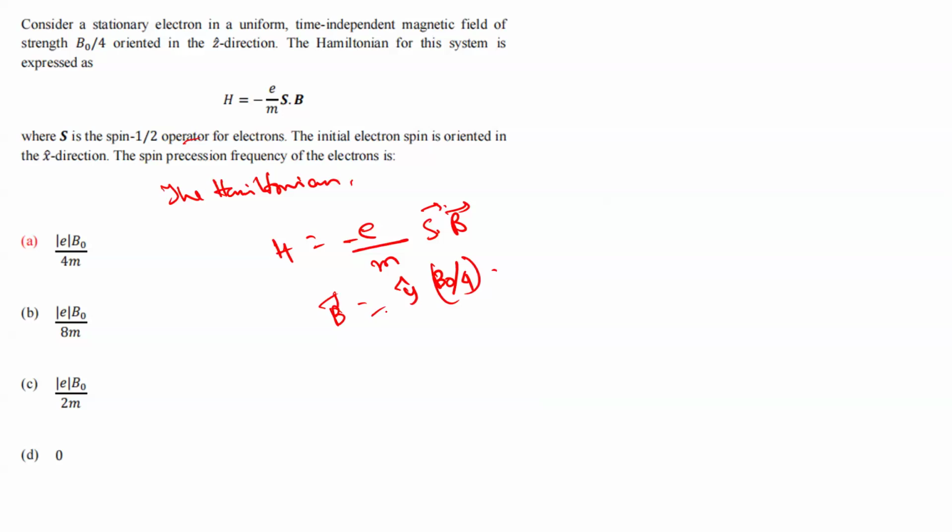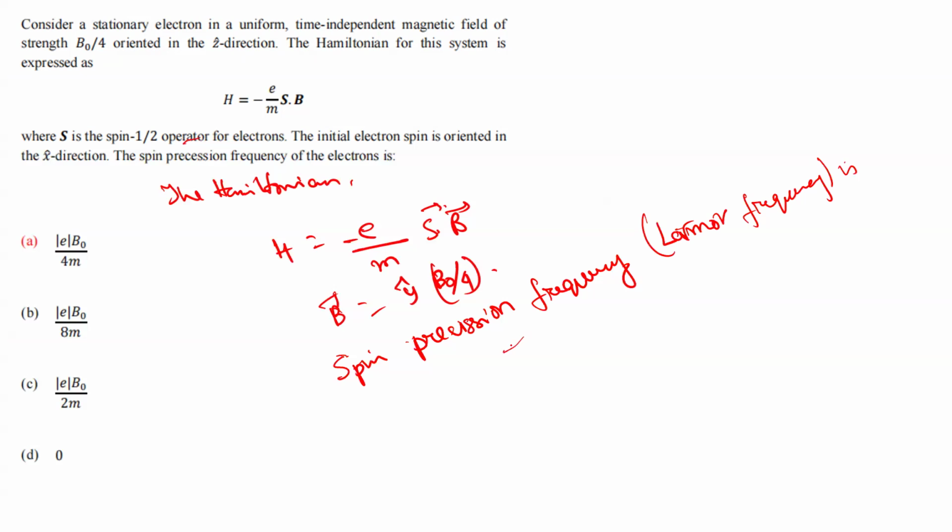The spin precession frequency, or better to say the Larmor frequency, is omega equal to e by m into V0 by 4.